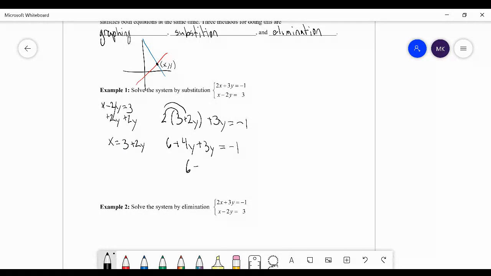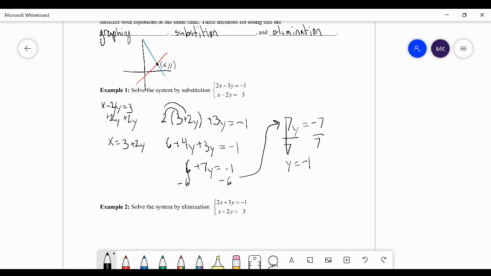Combine like terms, 6 plus 7y equals -1. Subtract 6, and 7y equals -7. Divide by 7. We see that y equals -1.